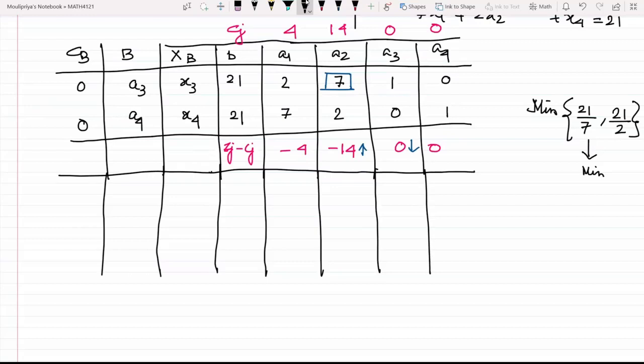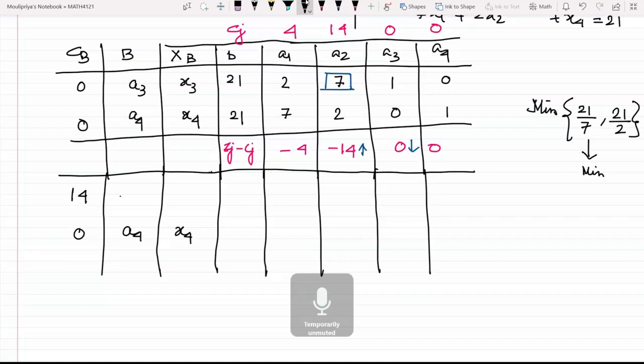Now tell me the next step. Right, it's 0 A4 X4. What about the first row? Why will it be 0?